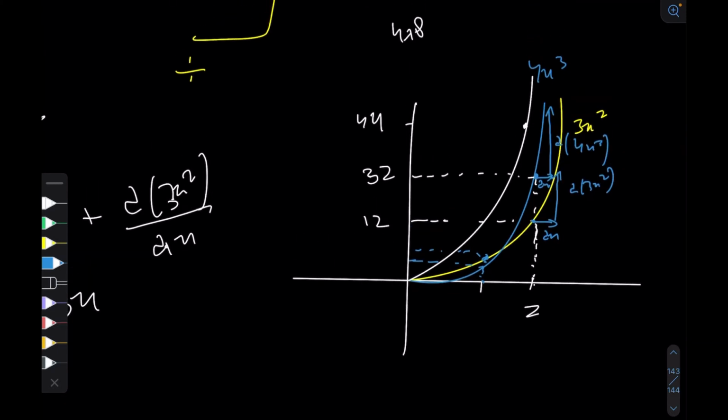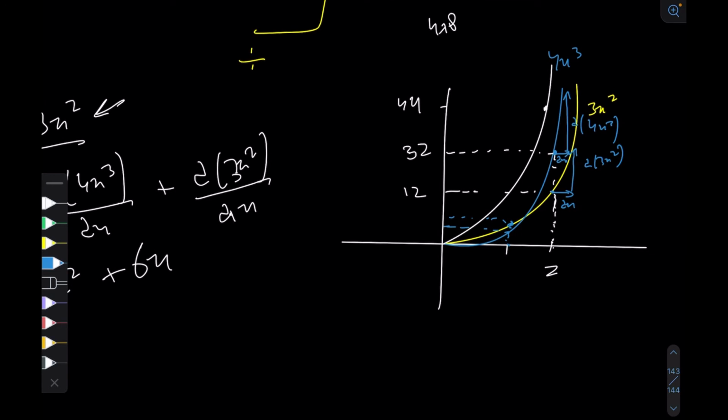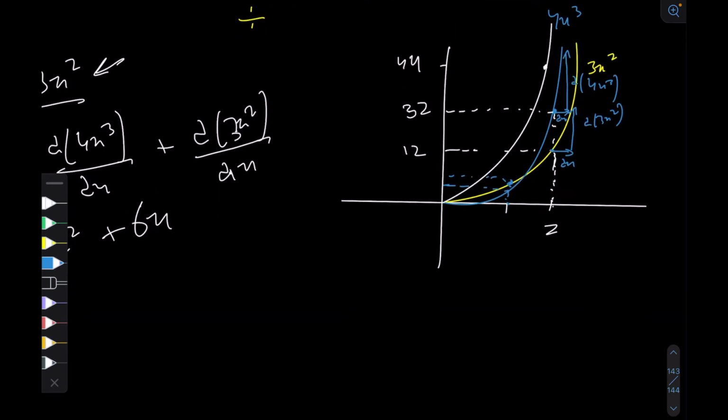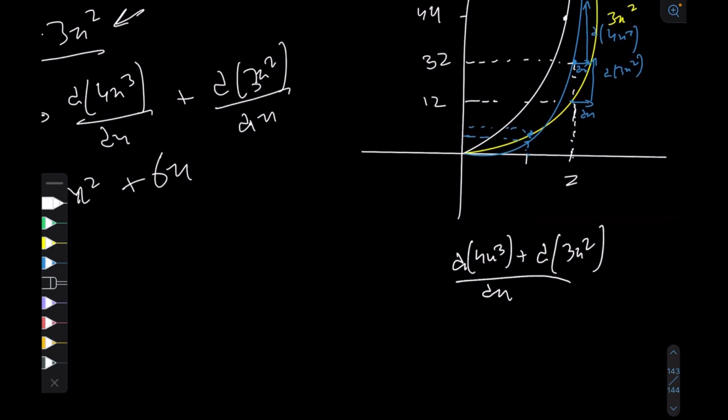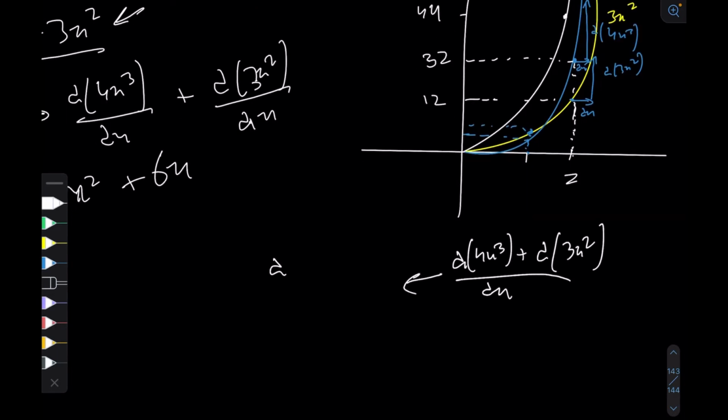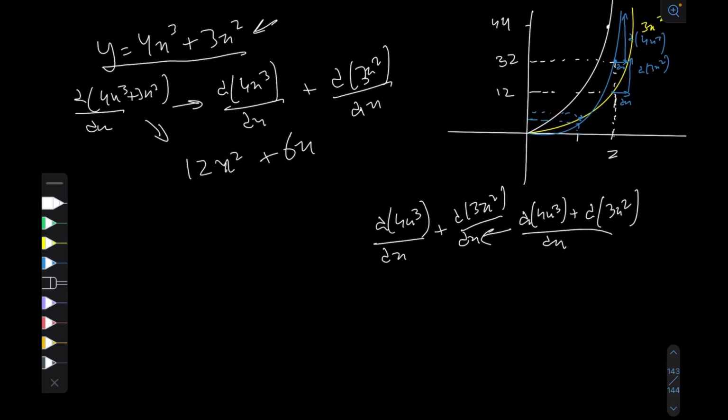So remembering that y equals 3x squared plus 4x cubed is really just adding both of them. So when you take some dx, the total change in y would be the change in 4x cubed plus the change in 3x squared, right? So this is why you can write them separately as such, that it's the differential of 4x cubed plus the differential of 3x squared.